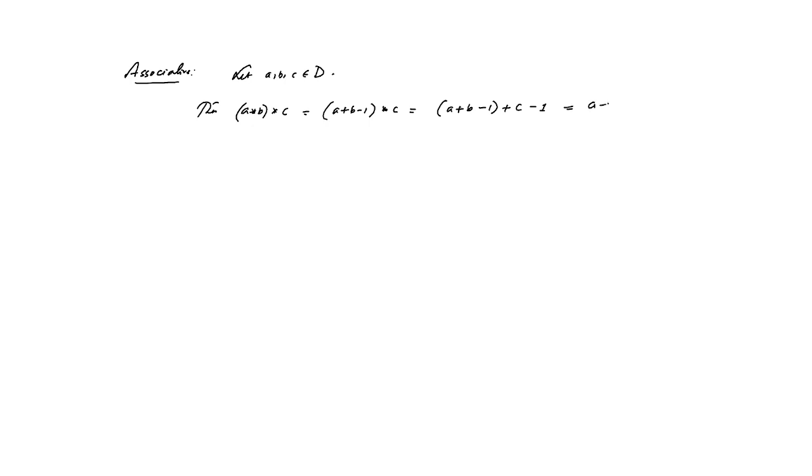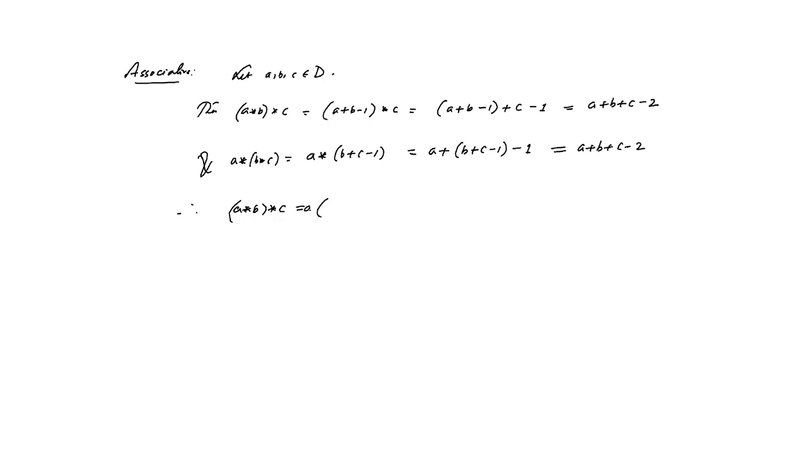So the value here is A plus B plus C minus 2. And if we calculate A star (B star C), that will be A star (B plus C minus 1), that will be A plus B plus C minus 1 minus 1, again A plus B plus C minus 2. Therefore (A star B) star C equals A star (B star C) for all A, B, C belonging to D. So that means D is associative with respect to star.